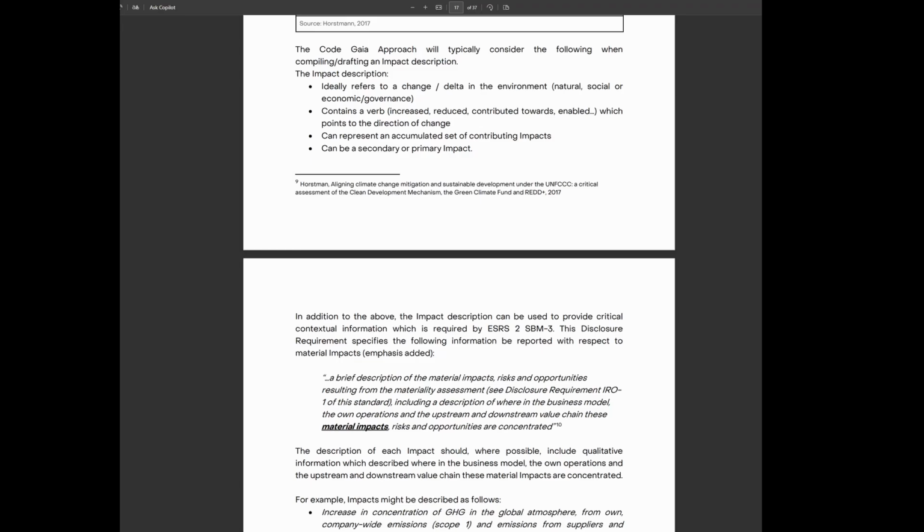of impacts, which can help the reader understand what the change is that is occurring in the environment, or identifying the specific delta. A description of an impact should typically contain some kind of verb, impacts could represent accumulation or sets of contributing impacts, and they could be secondary or primary, and we try to include all of those things in the impact descriptions.